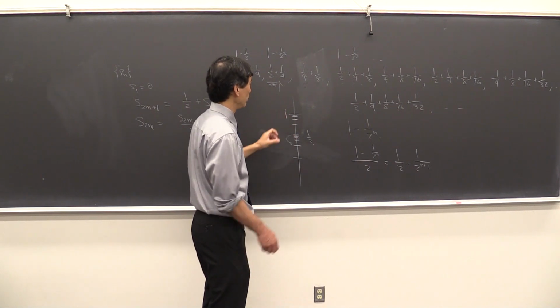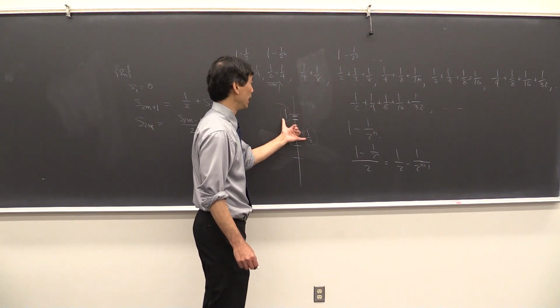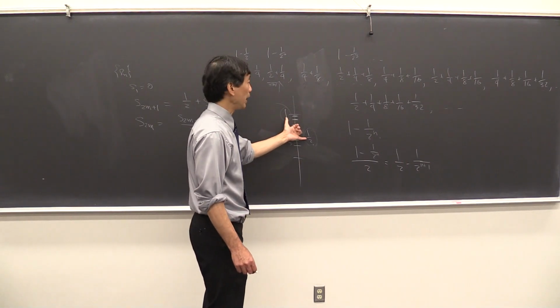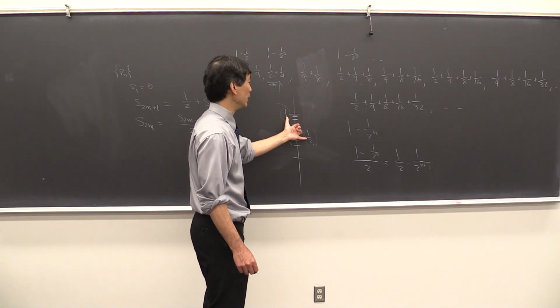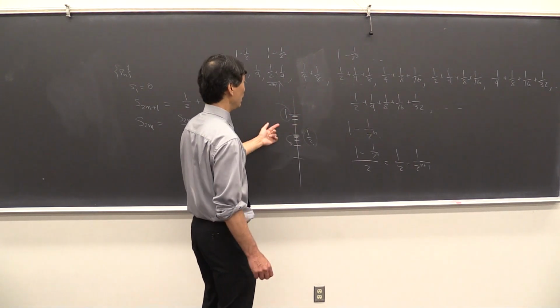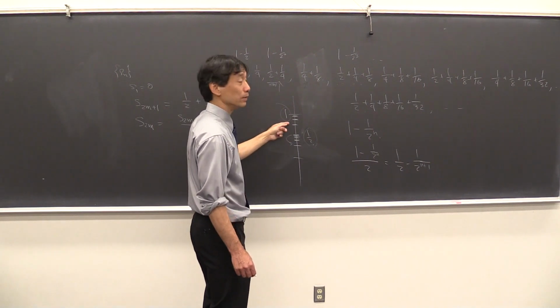So the only candidates are 1 and 1/2, and you know these are subsequential limits because the even terms converge to this, and the odd terms converge to this.